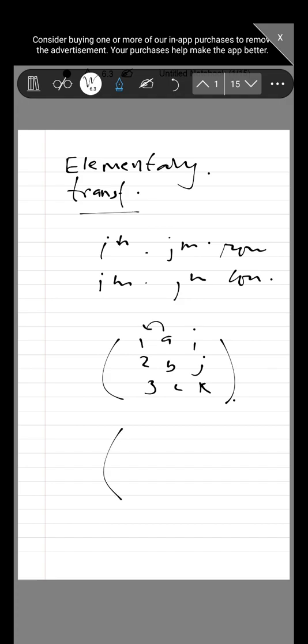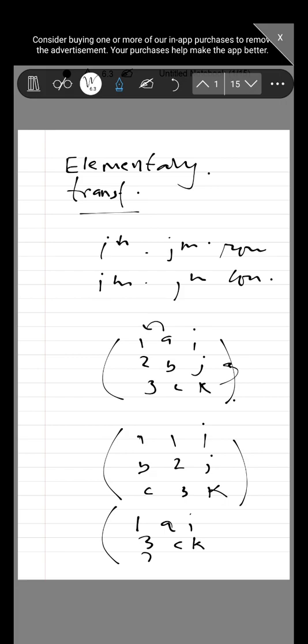So it is now A, B, C, 1, 2, 3, and I, J, K. Or we could have replaced the columns, so in that case it would have been 1 A I, 2 B J, 3 C K. So here we have replaced the columns, here we have replaced the rows. So these are known as elementary transformation. This is the first type of elementary transformation, when the rows and columns are interchanged.